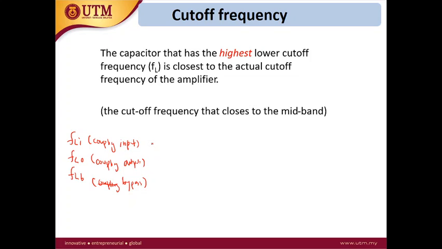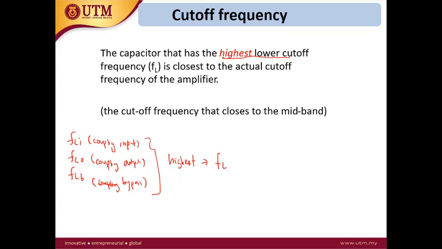So to estimate the low cutoff frequency, we choose between these three calculated cutoff frequencies, and we choose the highest value. The highest value becomes the FL, the actual low cutoff frequency.